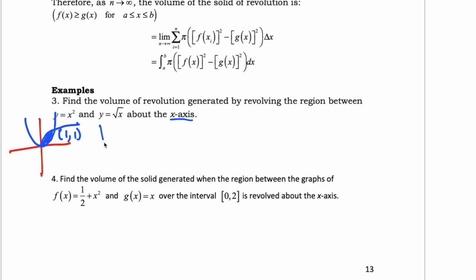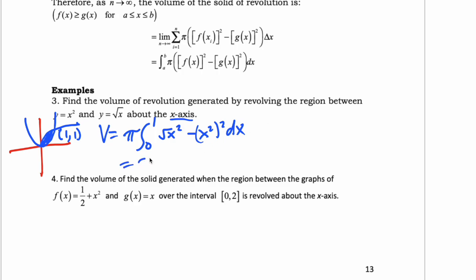So we're looking for pi times the integral from 0 to 1 of top function squared minus bottom function squared. So root x is the top function. The bottom function is x squared. So this is what we're doing.